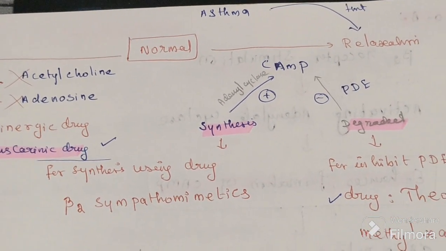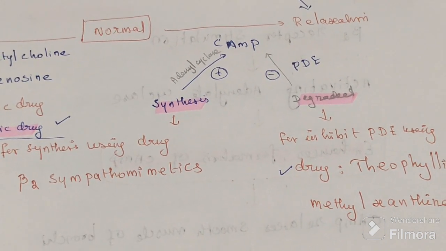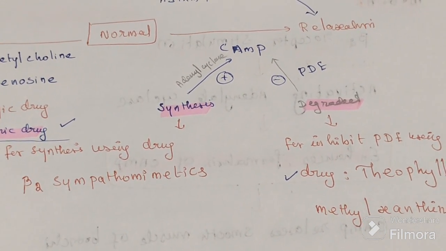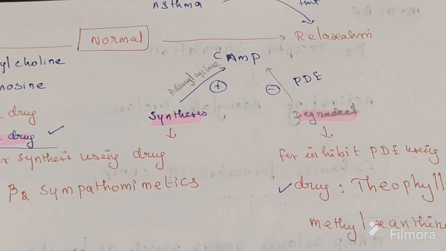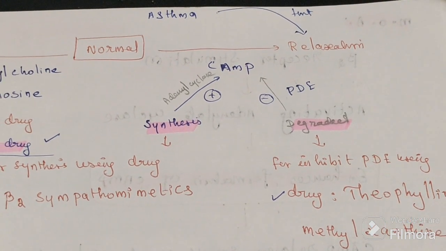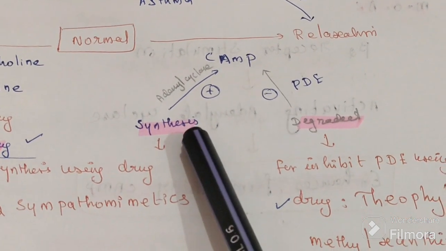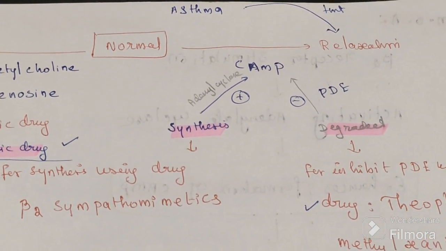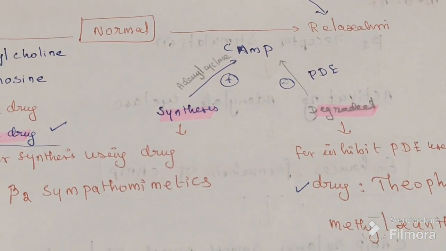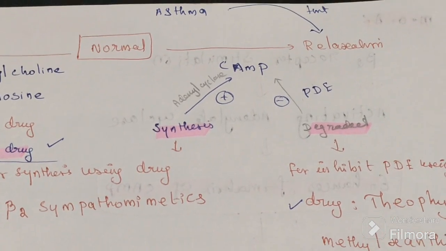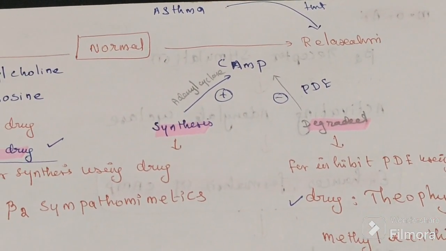How is cyclic AMP synthesized and how does cyclic AMP get degraded? There is an enzyme for both. The enzyme for synthesis is adenyl cyclase. For the degradation, the enzyme is phosphodiesterase. If we want to treat an asthma patient, we want more and more relaxation, bronchorelaxation, bronchodilation.